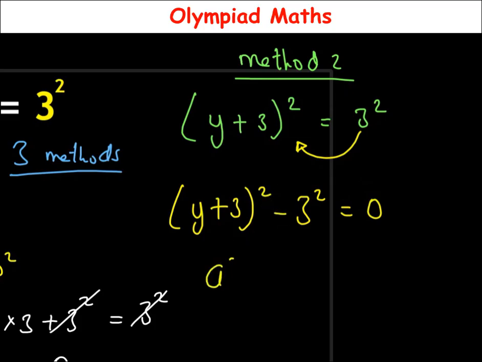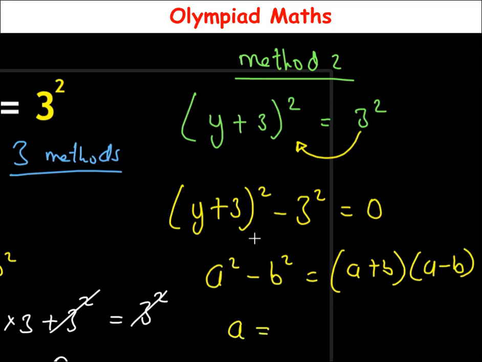If you have a² − b², this is equal to (a + b) multiplied by (a − b). In this case, the value of a in this equation is y + 3, and the value of b is equal to 3.